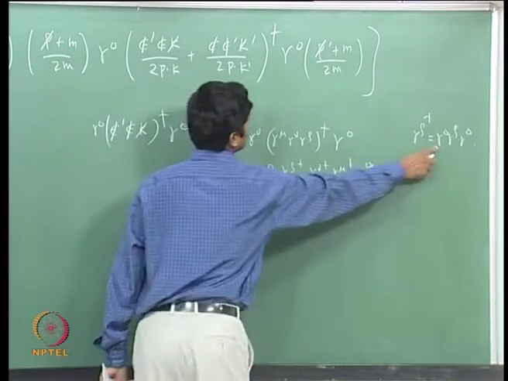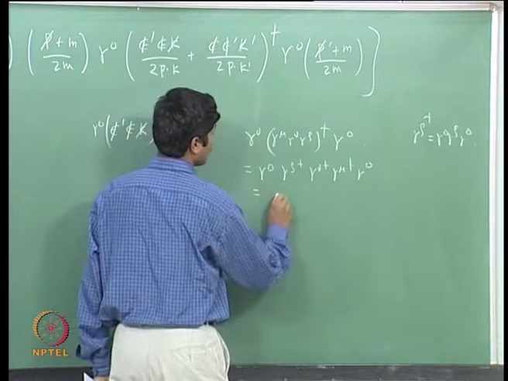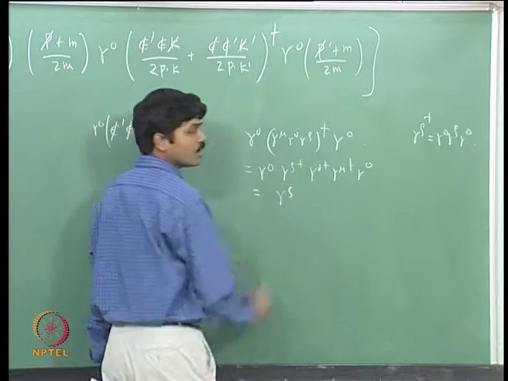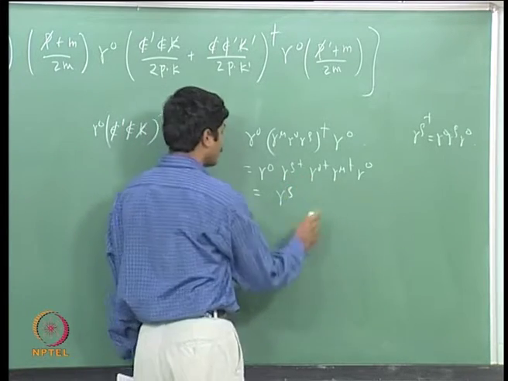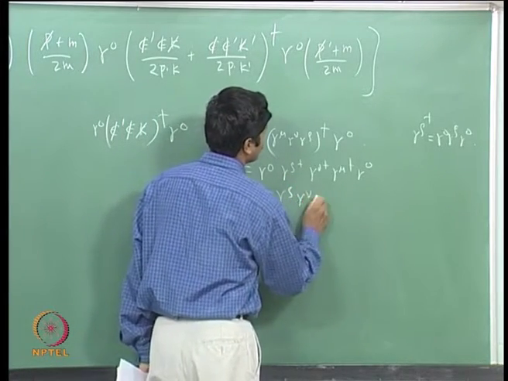So, gamma 0 square is identity, therefore, you get gamma rho and then there are two gamma zeros here, one from this dagger, one from this. So, this will simply give gamma nu, gamma mu.